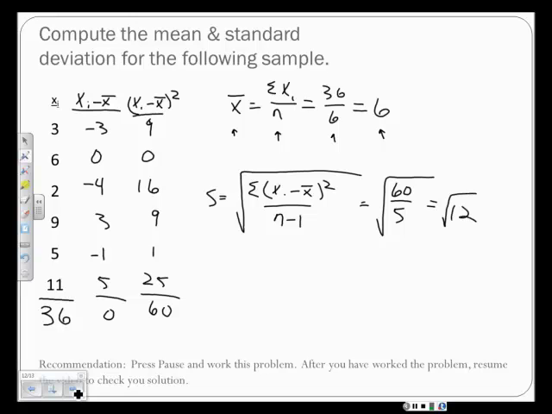One other thing I do want to say while I'm here is there's another measure that's related to the standard deviation that we'll sometimes use, and it's called the sample variance. And that's S squared. So it's the same formula as above, except you don't take the square root.